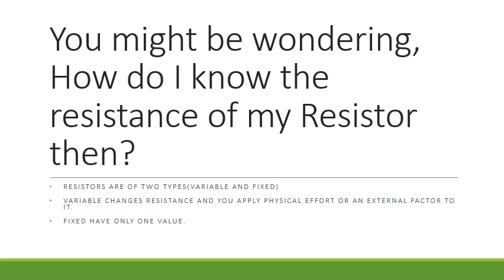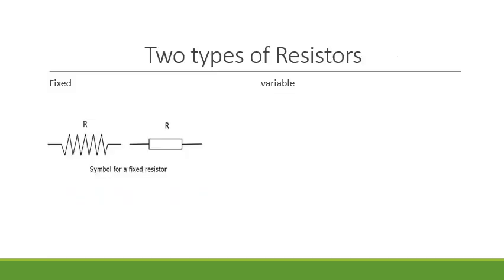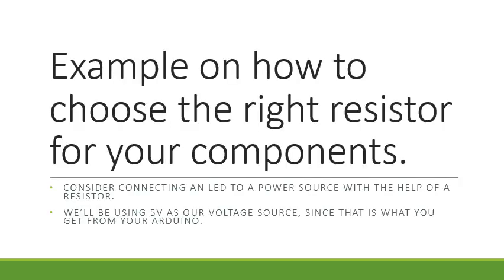In the case of our LED, we are going to be using a fixed resistor since we know the amount of current we want to flow through it. You can see the symbols of a fixed resistor and a variable resistor there.